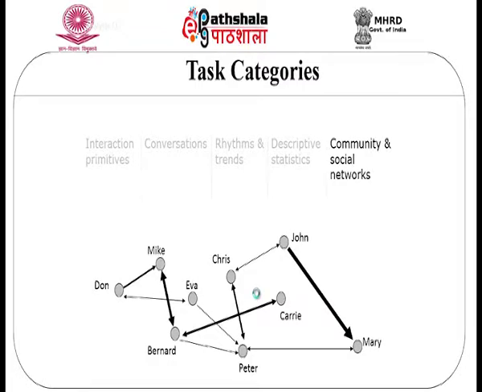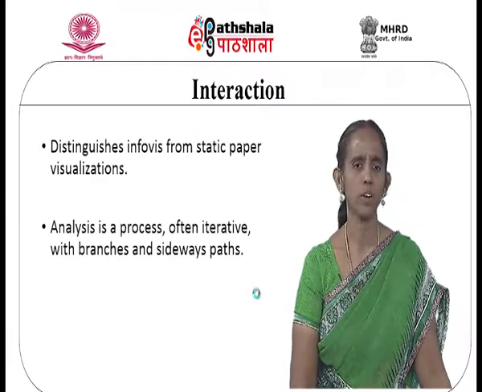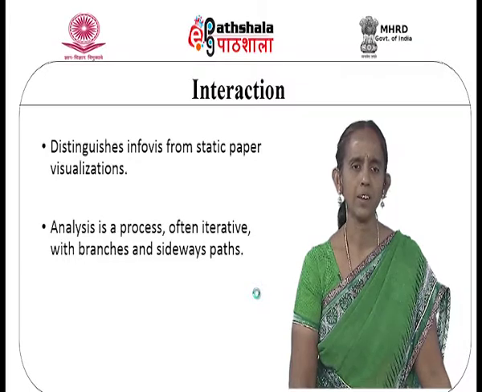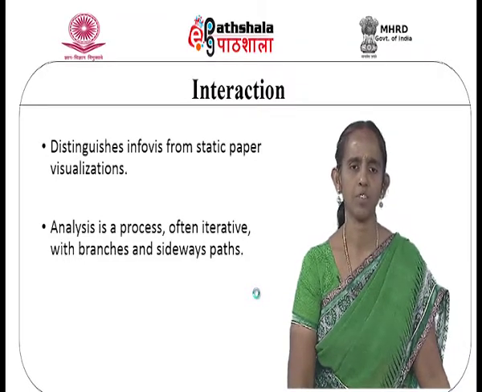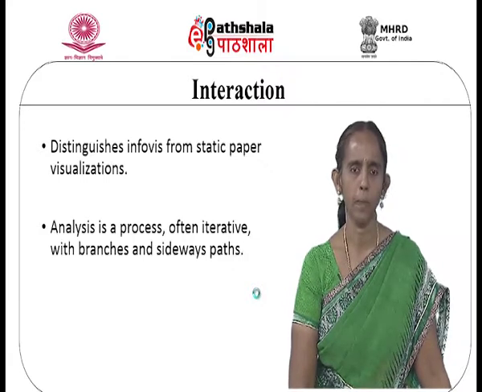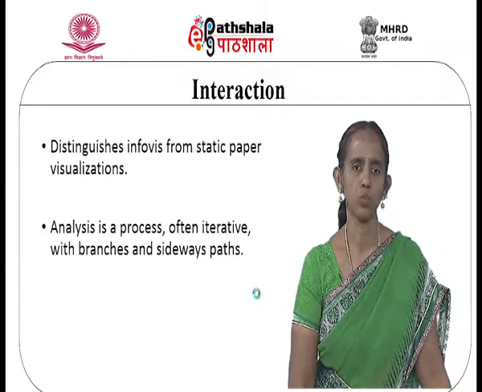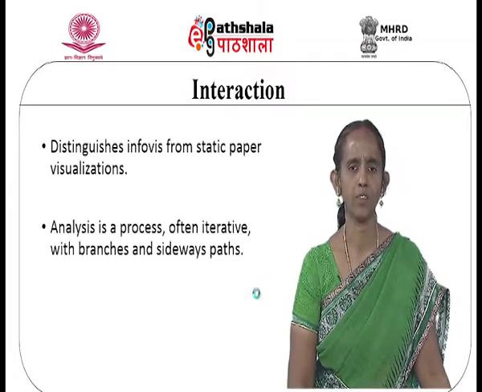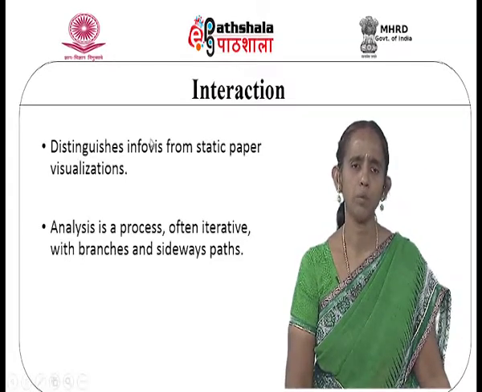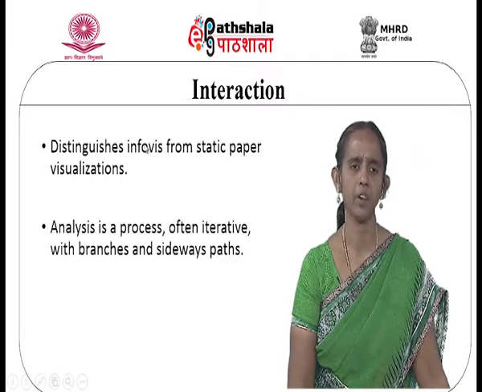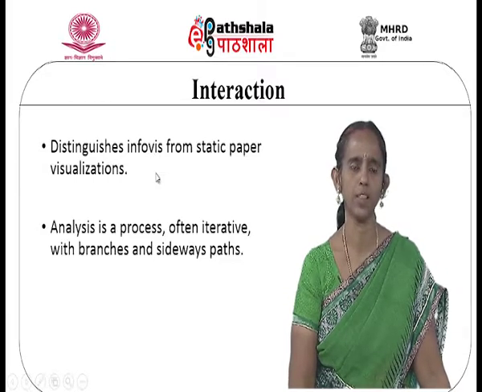So these are various tasks associated with the data set. The next one is interaction. Interaction distinguishes information visualization from static paper visualization. With the help of interaction, it is possible for the end user to identify some kind of dynamism in the visual that is being shown.